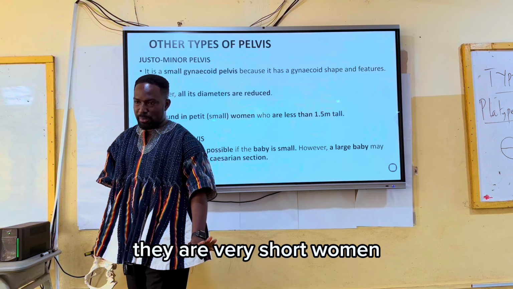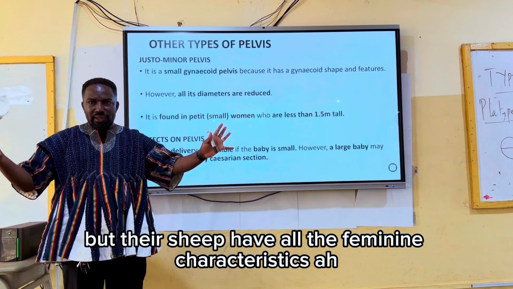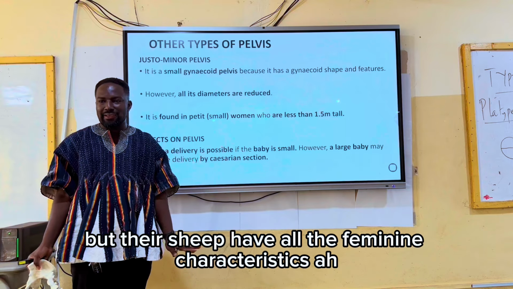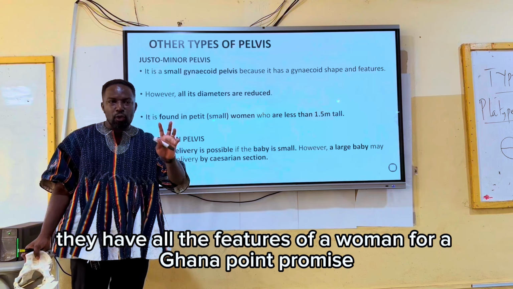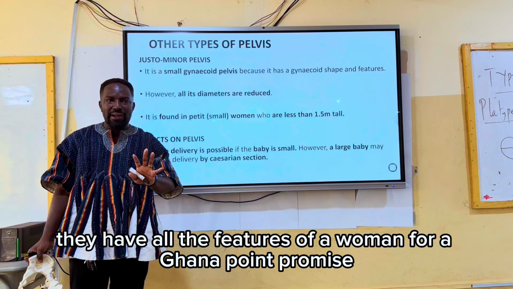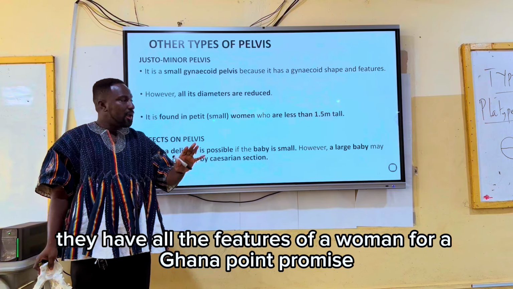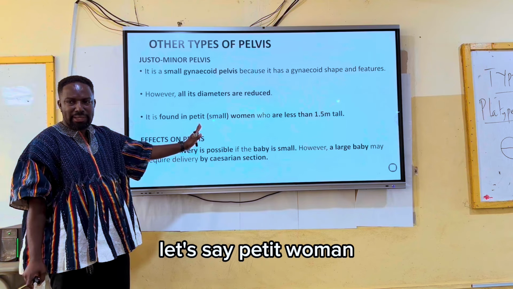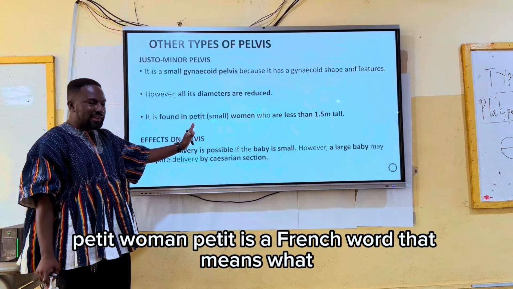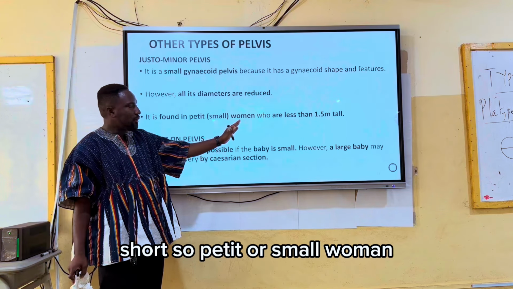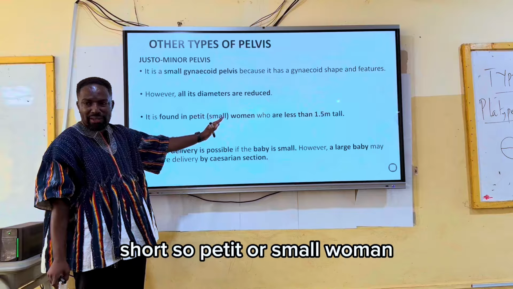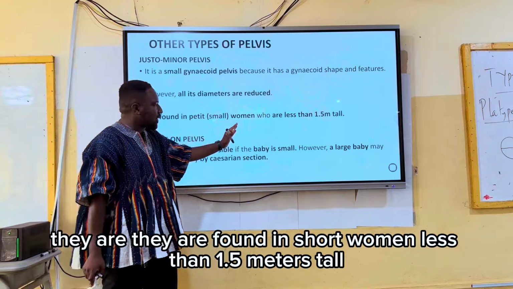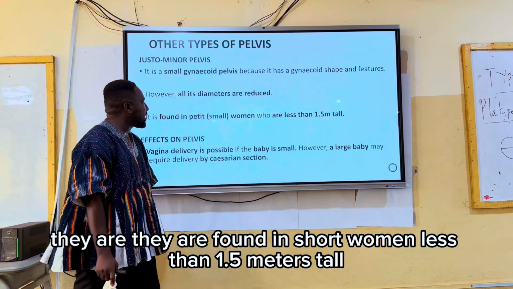They are very short women, but their shape has all the feminine characteristics. Their only challenge is that they are petite women. Petite is a French word that means short. So they are found in short women less than 1.5 meters tall.